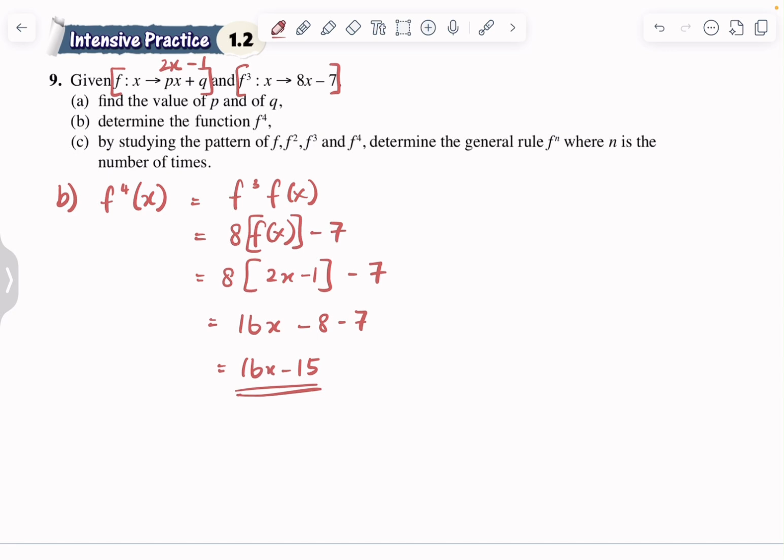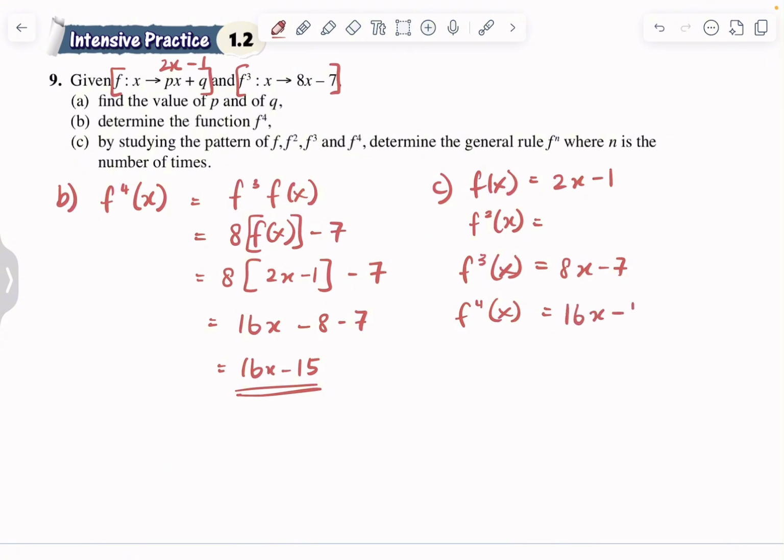Okay. Then question C, study the pattern of f, f square, f cube, f4. Right. So now let's list down. f(x) is 2x minus 1. f square x we found just now. Here, I forgot, never mind. f cube x is 8x minus 7, and f4 x is 16x minus 15.